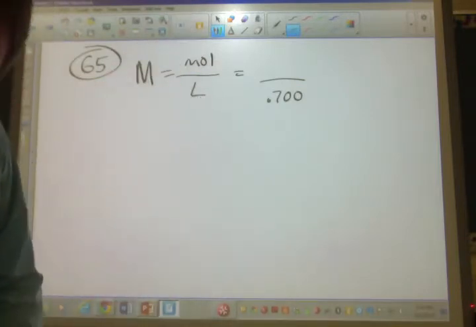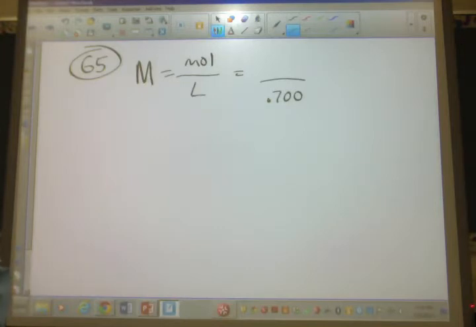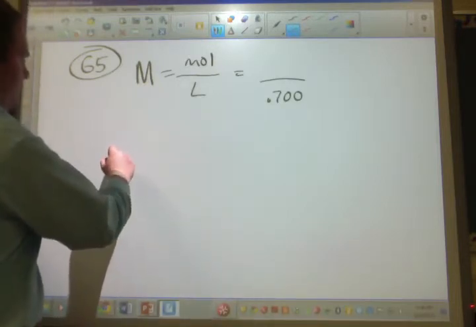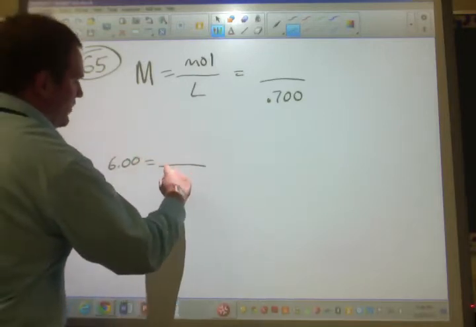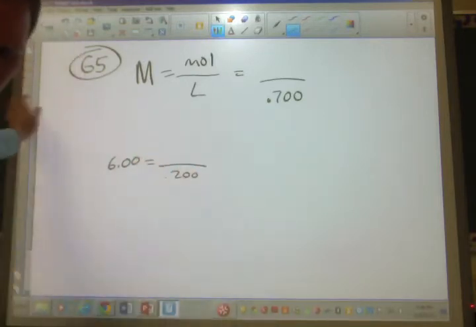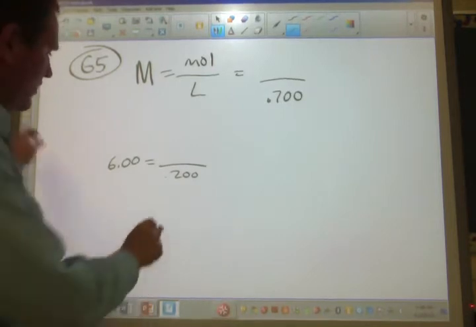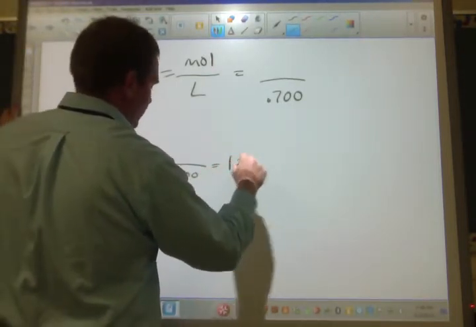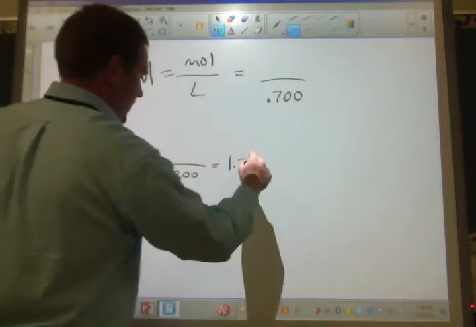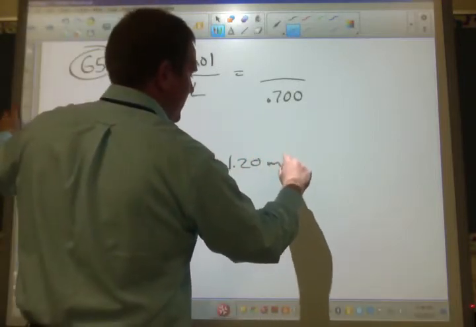A little bit harder is going to be the, actually it shouldn't be that bad, the moles. Well, we need to find how many moles were present in that first one. In the first example, it was 6.00 molar, and it was 0.200 liters. So 6 times 0.2 gives me 1.20 moles.